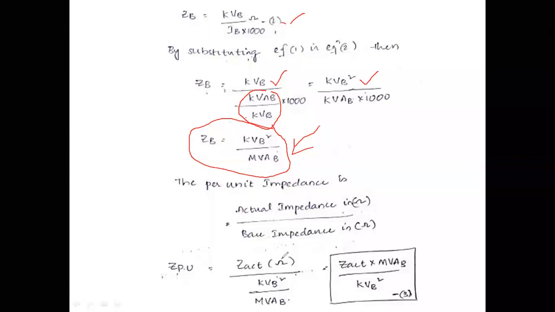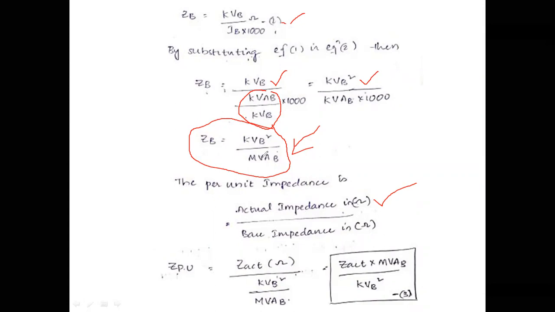So how can we define the per unit impedance? Per unit impedance is equal to actual impedance in ohms divided by base impedance in ohms. The actual impedance is directly mentioned in the problem itself. What about the base impedance? In order to determine the base impedance, you must have the information regarding the kV base and MVA base of that component.